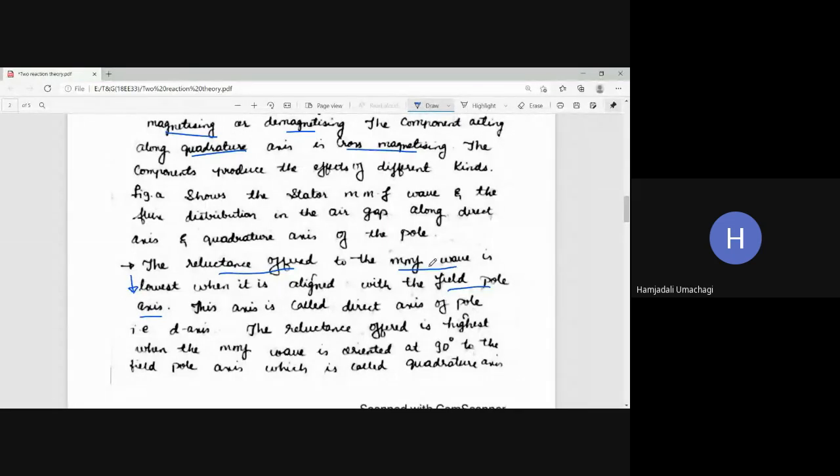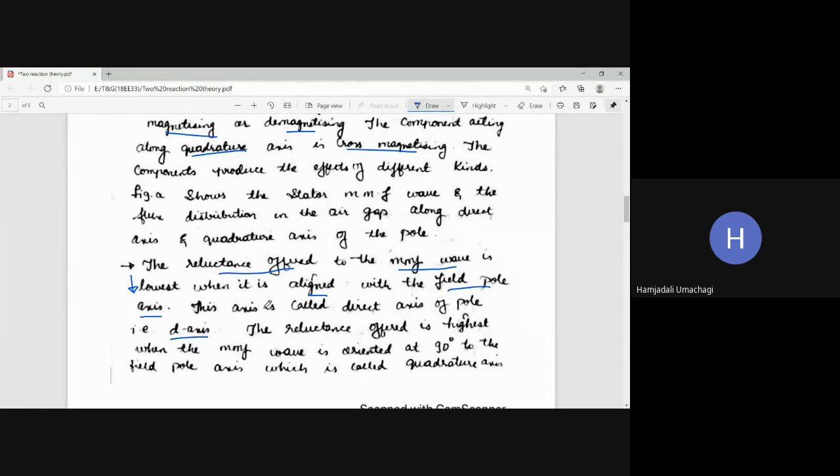When the MMF wave is aligned with the field pole axis, it experiences very little opposition. This axis is called the direct axis of the pole, the D axis. The axis which offers the least reluctance to the MMF wave is called the direct axis.